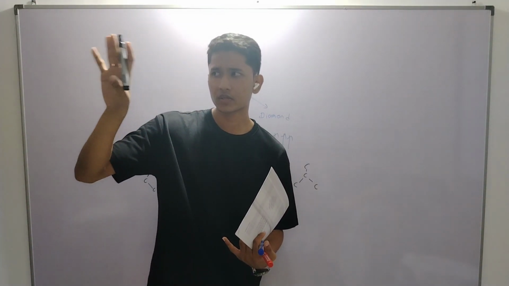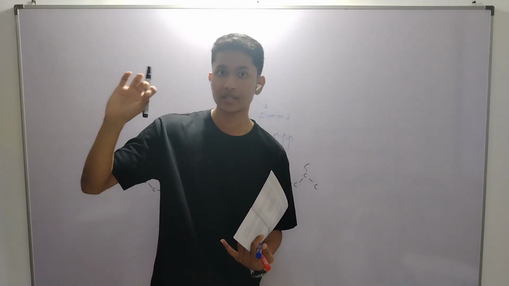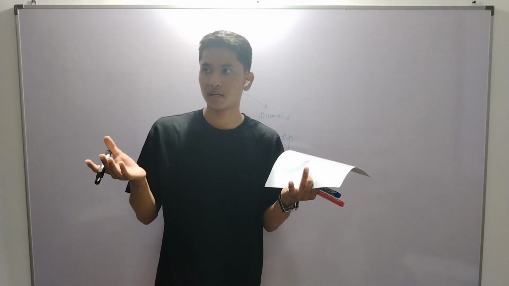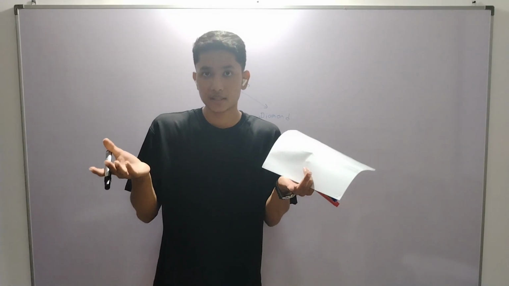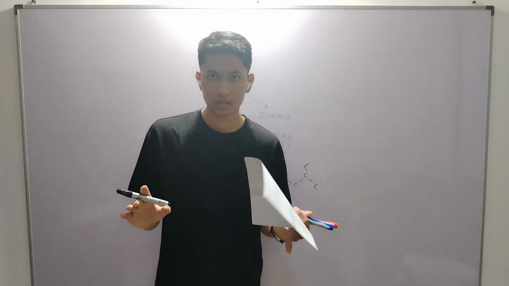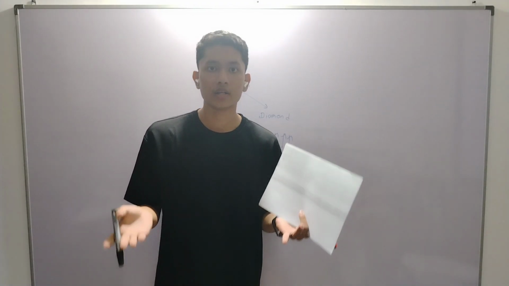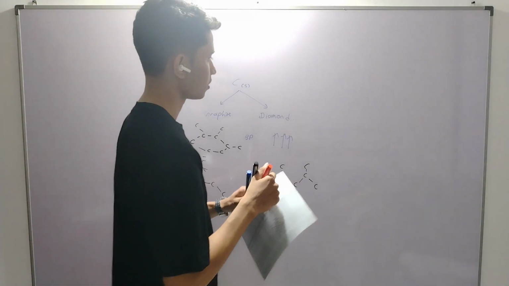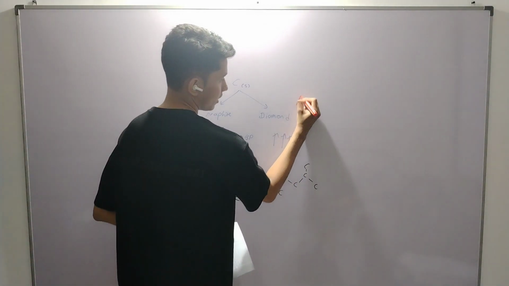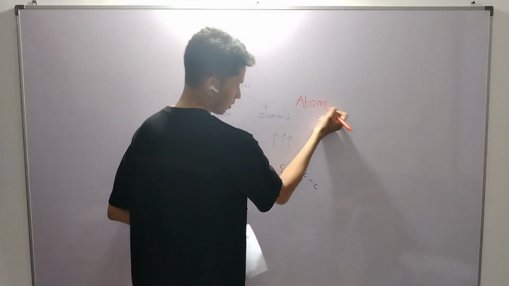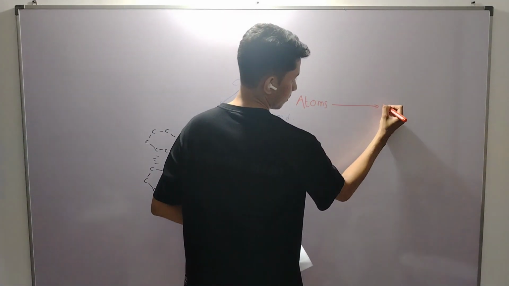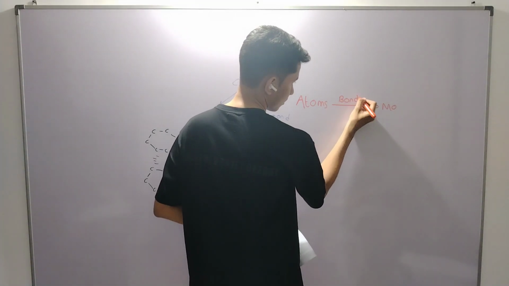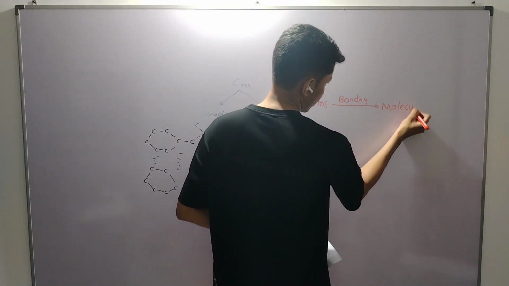So if they are not stable, that means the energy is high. When you have more energy, you are less stable. You have less energy, you are more stable. So what happens is atoms by bonding form molecules.